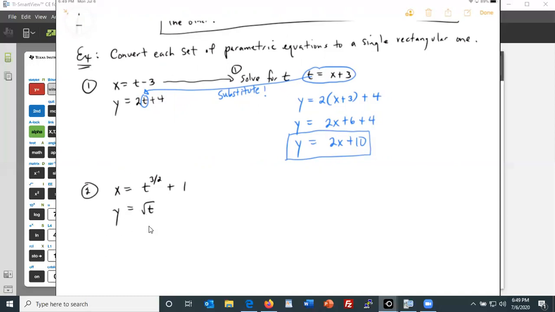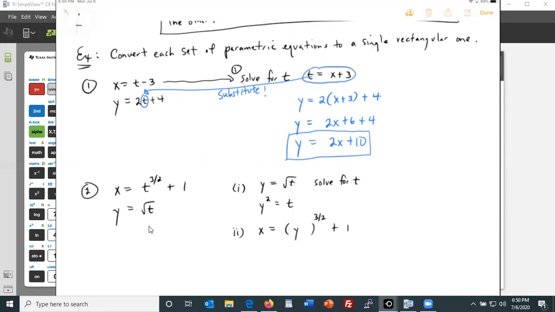So what I'm going to do is, for step 1, let's solve for t. So it's almost solved. You just have to square both sides. So if you square both sides, you get y squared equals t. Squaring both sides. And then step 2, we're going to substitute into the first equation. So we have t to the 3/2, right? So it's blank to the 3/2 plus 1.